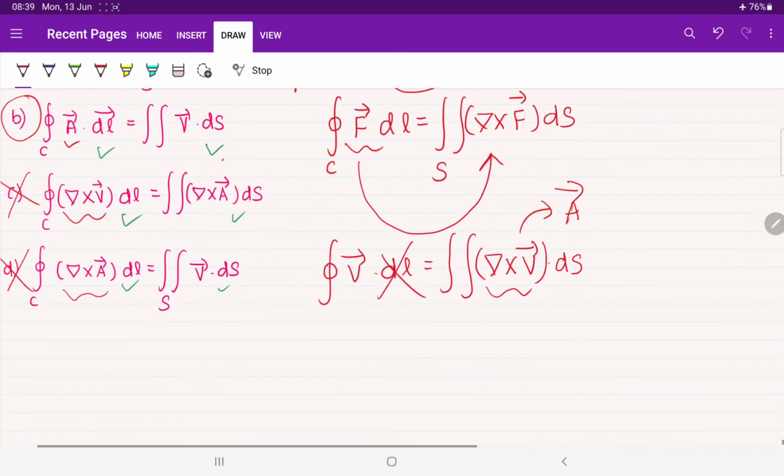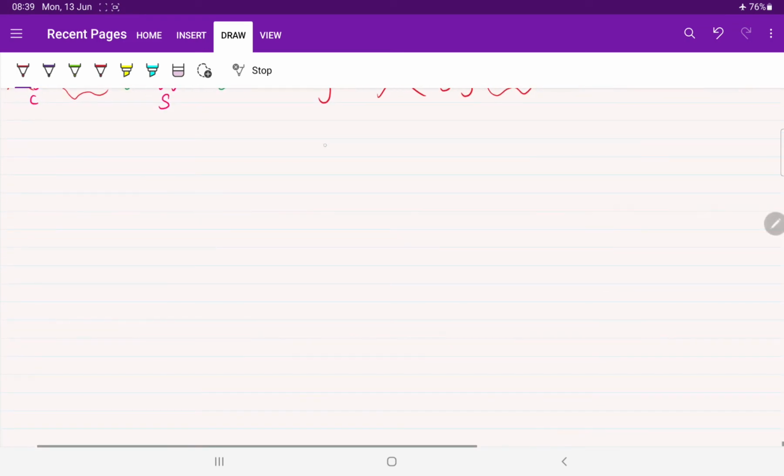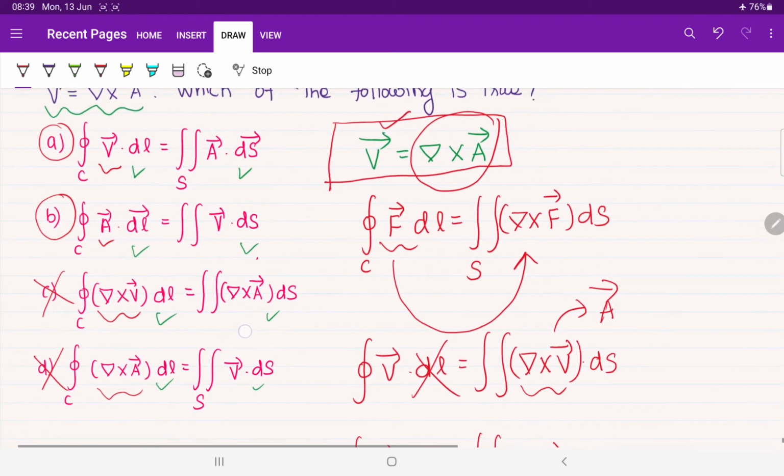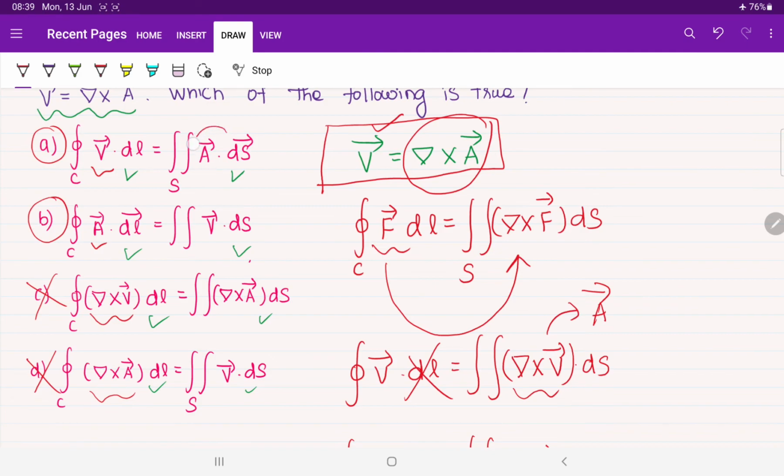Then what is the correct answer? Let us go ahead with option B. In option B, they have taken simply A vector with respect to the line integral. Then this can be converted into a surface integral, and I can rewrite this as del cross A vector into surface integral dS. Can you replace del cross A by V? Because in the surface integral they have replaced the resultant answer by something.